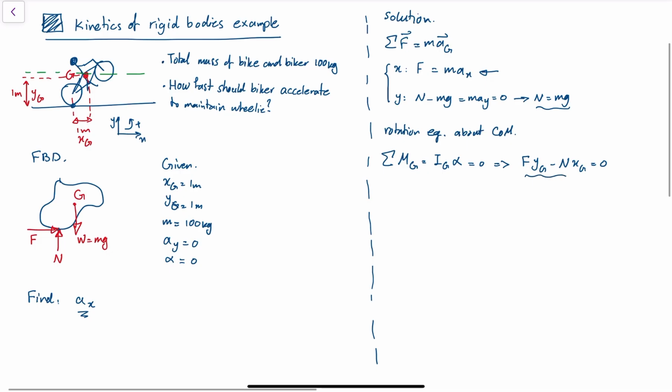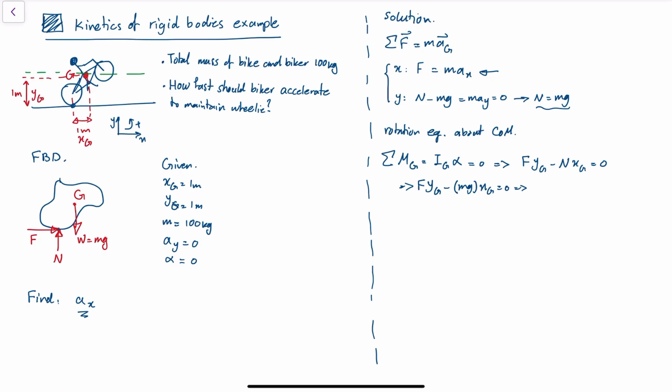And good, now I have another equation. I can substitute N as mg, and let me continue. Here I have F yg minus N, which is mg, xg equals 0.